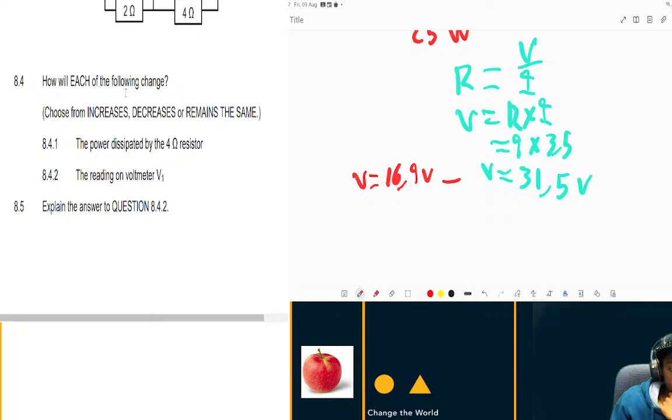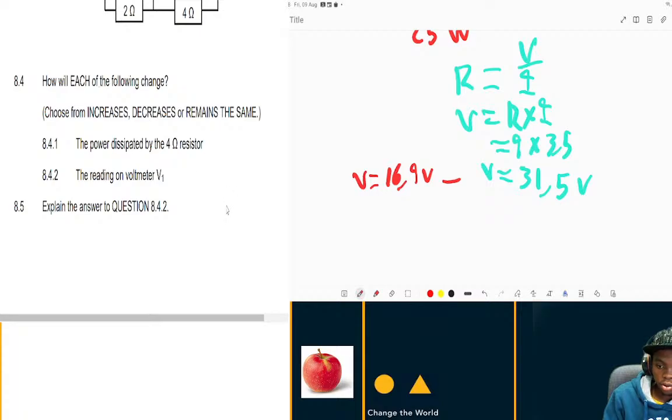And then they say explain the answer to question 8.4.2. We've already explained it. The current in the circuit, yes, it decreases, but the voltage increases. If you want to explain it in a more formal manner, the way to write it in the book, you can say that obviously the total resistance of the circuit will increase.